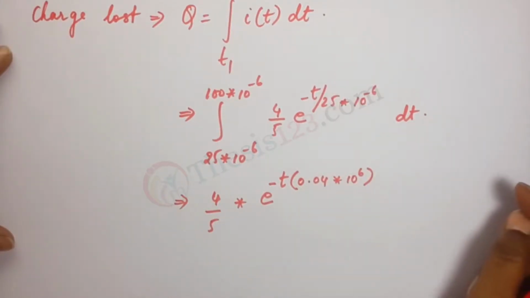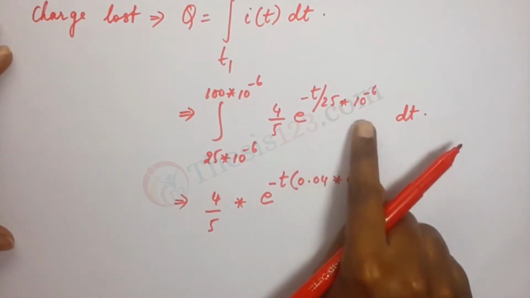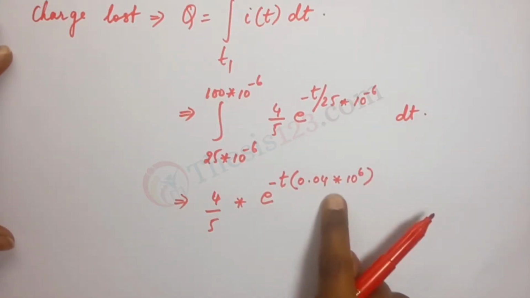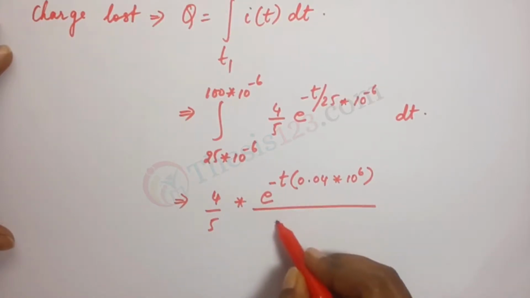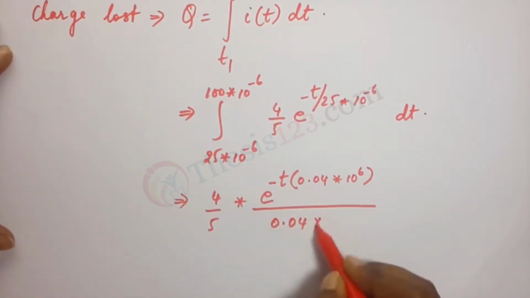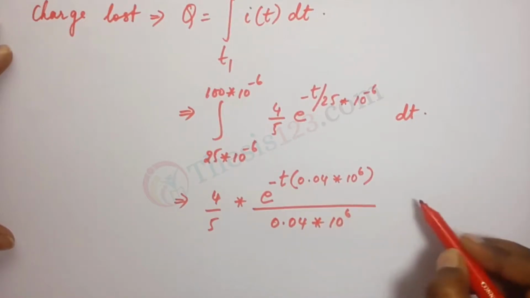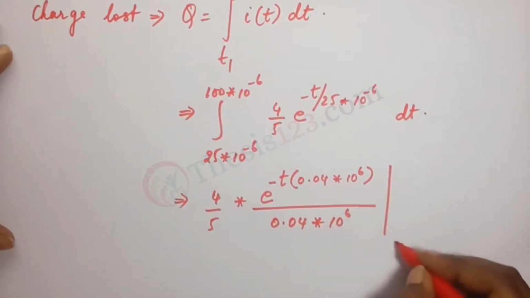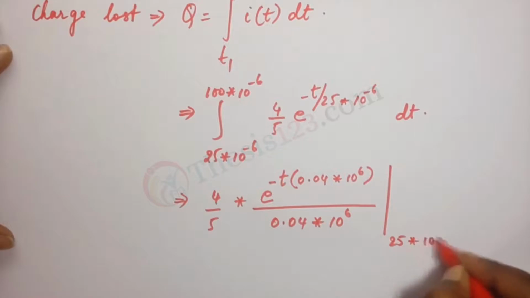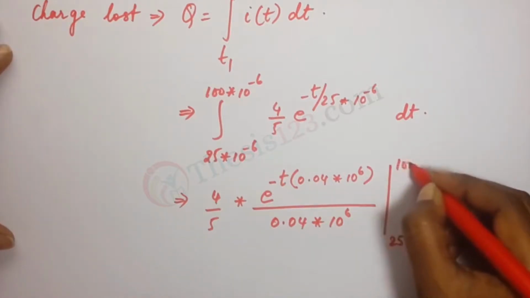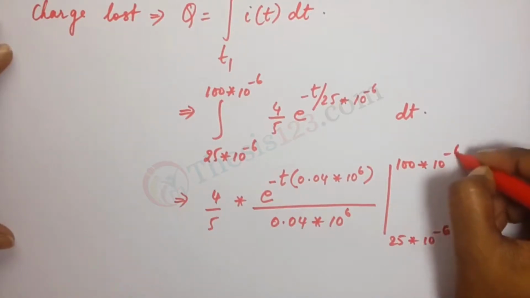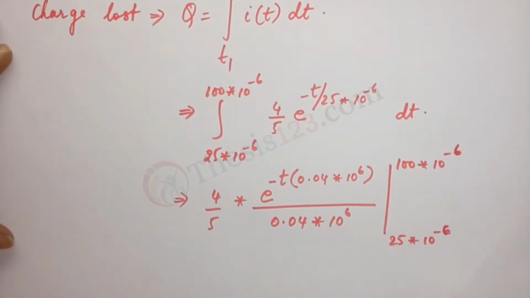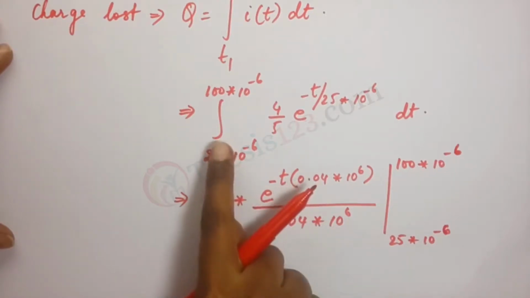What I've done is divided 1 by 25 into 10 power minus 6, which is 0.04 into 10 power 6, divided by 0.04 into 10 power 6. This is from 25 into 10 power minus 6 to 100 into 10 power minus 6. We have to be careful with these powers here.